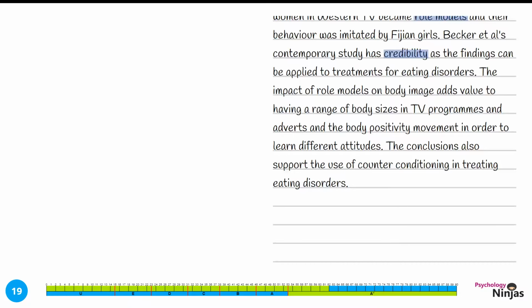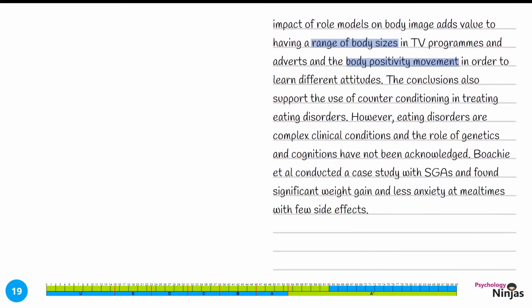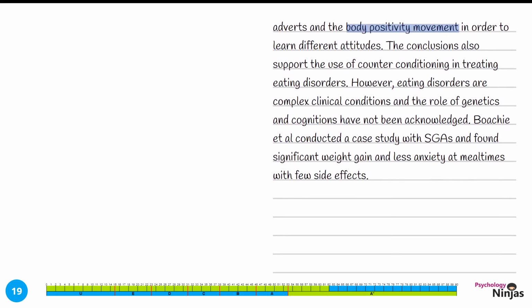We've given some topical examples here about having a range of body sizes and the body positivity movement. You could use research here instead, and that would be absolutely fine. We're then going to give a counter-argument in order to show a developed logical chain of reasoning. However, eating disorders are complex clinical conditions, and the role of genetics and cognitions have not been acknowledged.